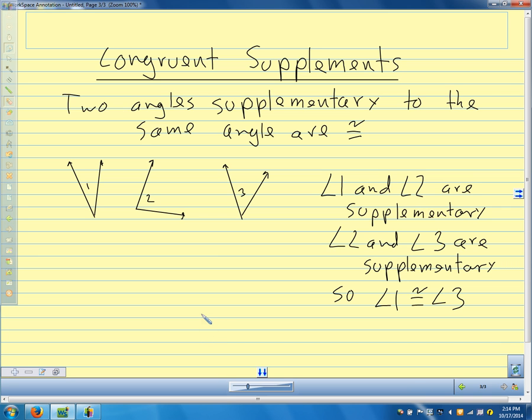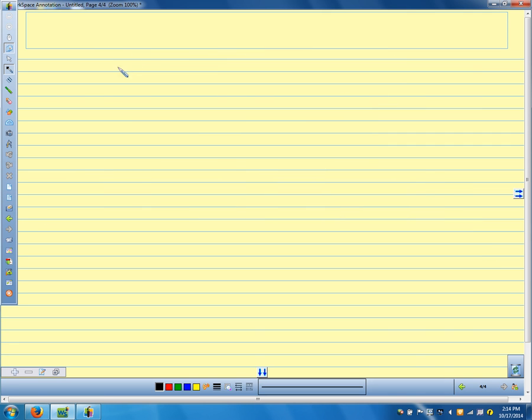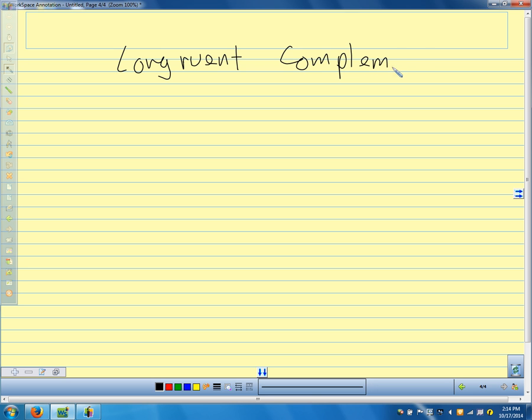Let's write down one more that's very much like this one, and then we'll do the proof for that one, and then we'll be done. Congruent complements. This is exactly like our last theorem, except we're talking about complements instead of supplements.